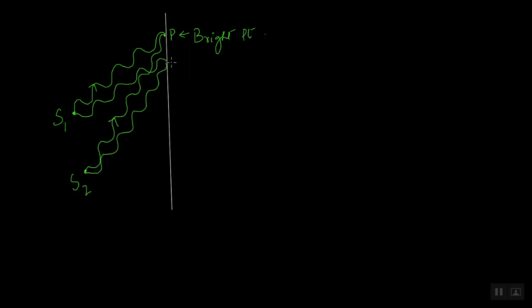Right, now at this point Q, just look here, how are the waves meeting? The crest and the trough are meeting, so this is a dark point. Then again you have like this, so this will be a bright point again.